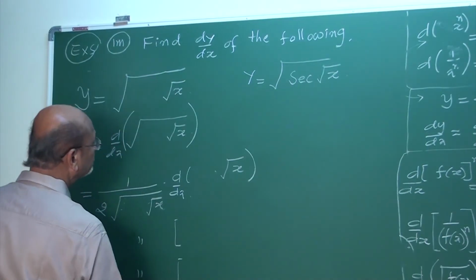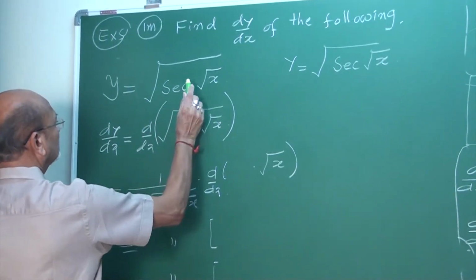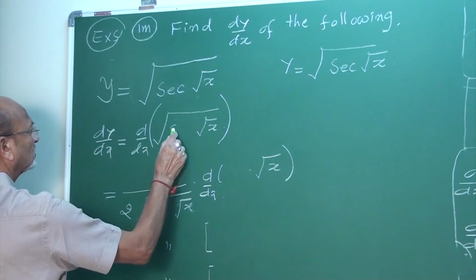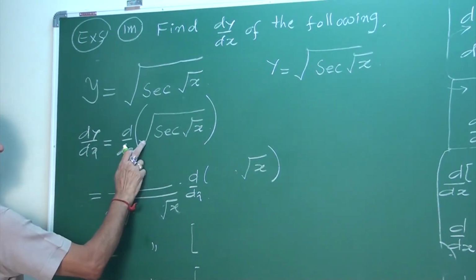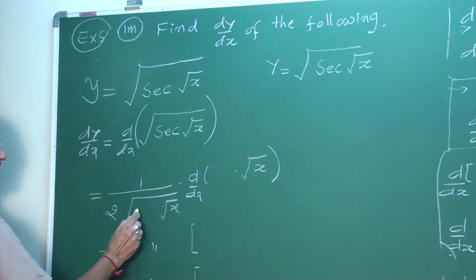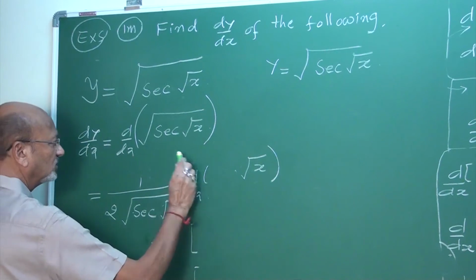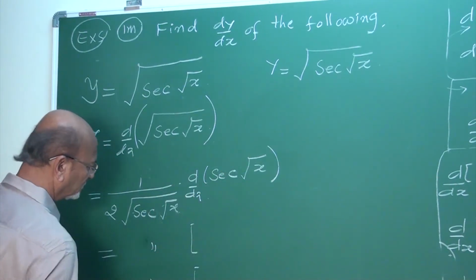Yes. Instead of tan, it is sec root x. dy by dx. d by dx of what? Square root sec. Derivative of root f is 1 by 2 root f into derivative of inside. Inside is what? Sec root x.